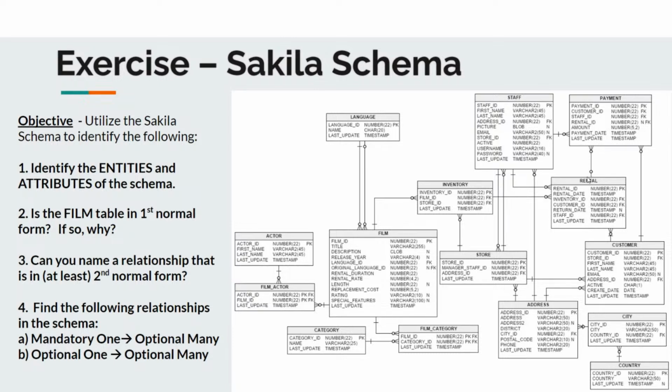So what this says is that it's optional that there's a rental, and then if there is a rental, there are optionally many payments for a single rental. So if somebody had a rental, maybe they did more than one payment on it for whatever reason. You have a rental ID. Maybe they had multiple payments for it.